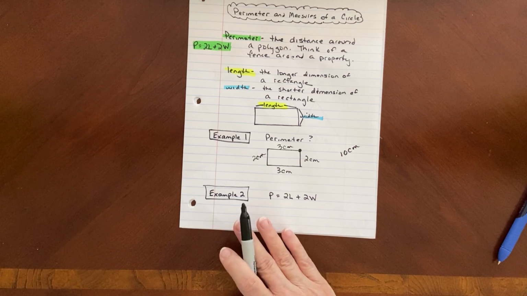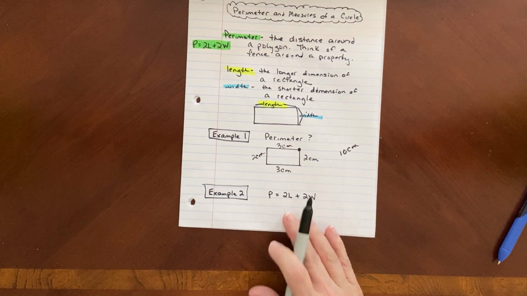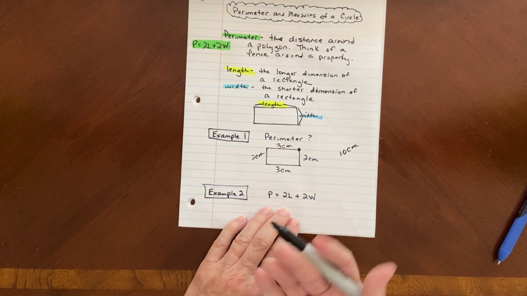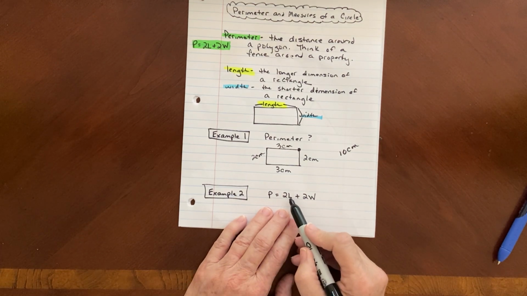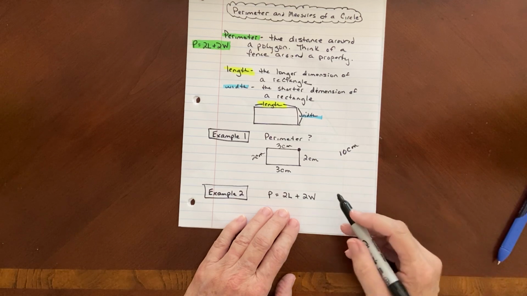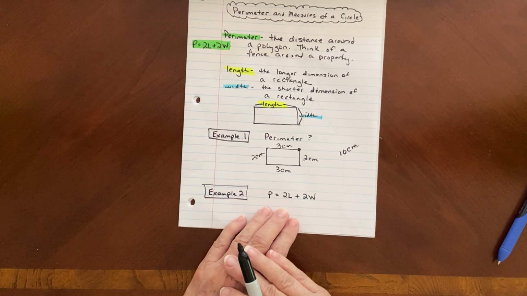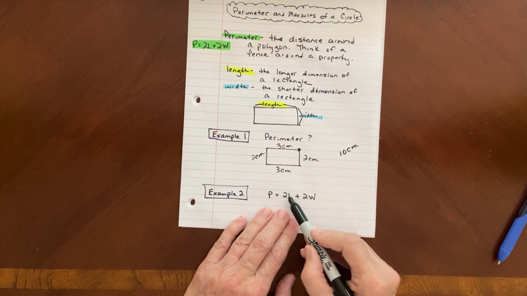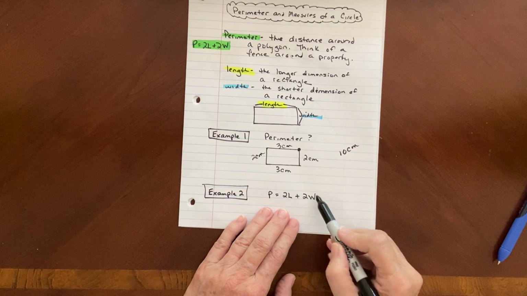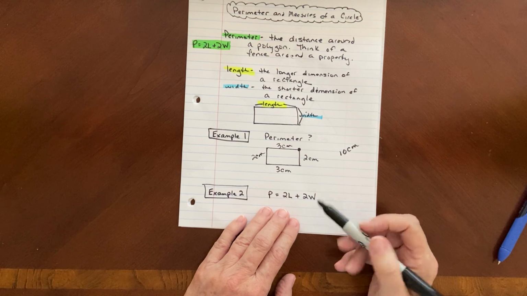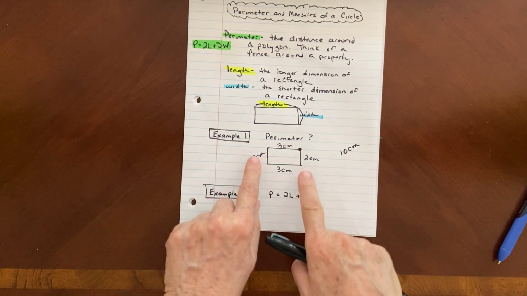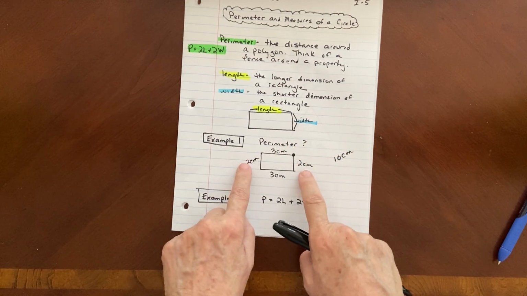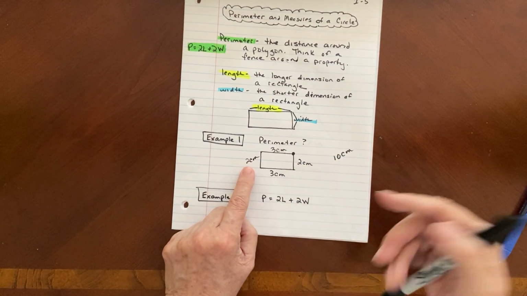Okay, let's look at example 2. They want me to use our formula. So they use a lowercase l. My lowercase l looks like a 1, so I just made it uppercase. It's not correct, but for your purposes, my L is better than the one I can draw. So perimeter equals 2 lengths plus 2 widths. Okay, 2 lengths, so 3 and 3, and 2 widths, 2 and 2.